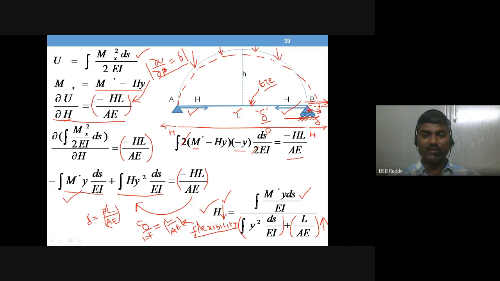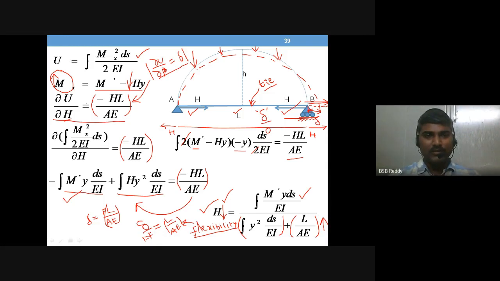When H reduces, Mx value increases. That is the change between the tied arch and the regular arch.